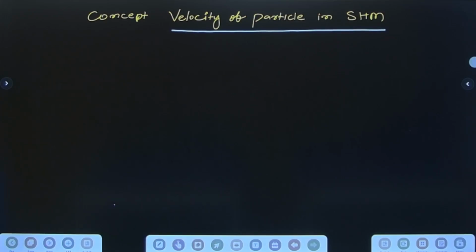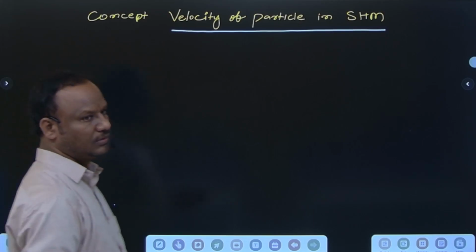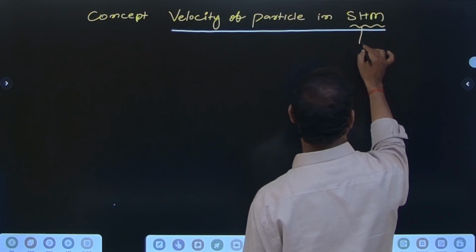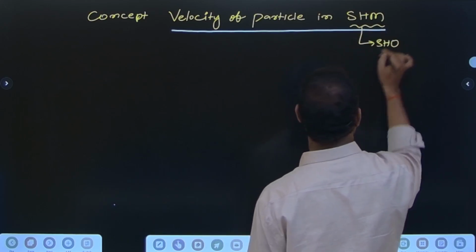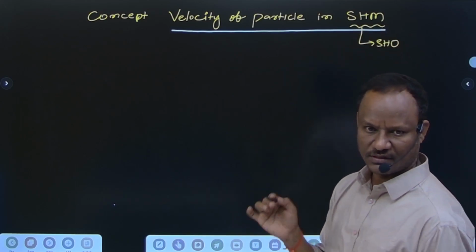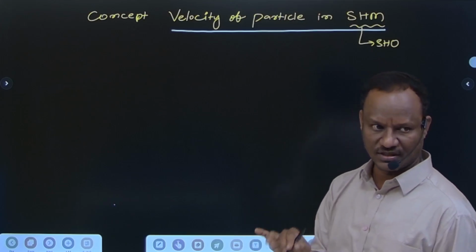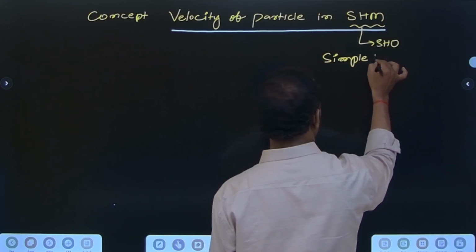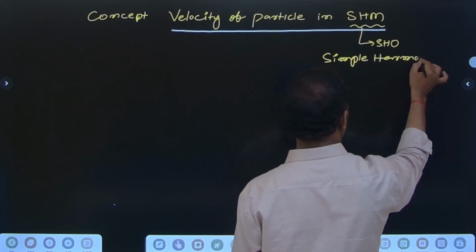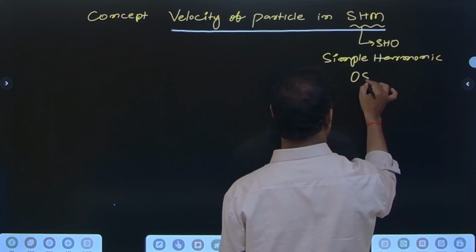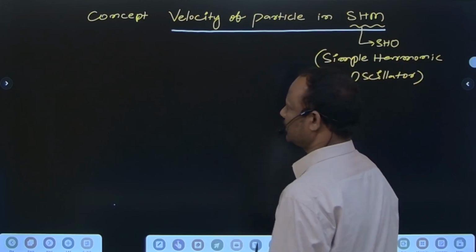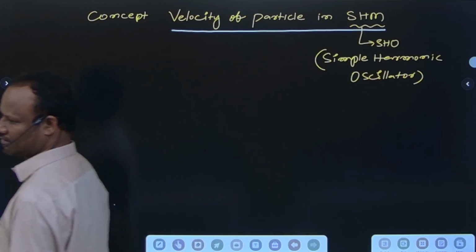So in the second model, the concept you are doing is the velocity of a particle in SHM. If you say SHO, SHO stands for simple harmonic oscillator. Okay, that is the concept from this.